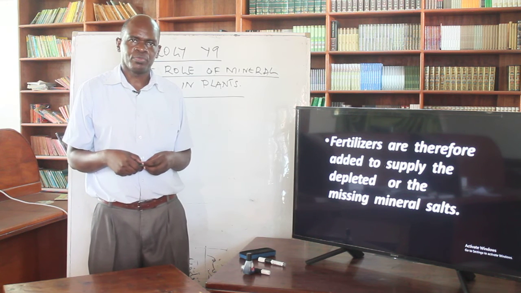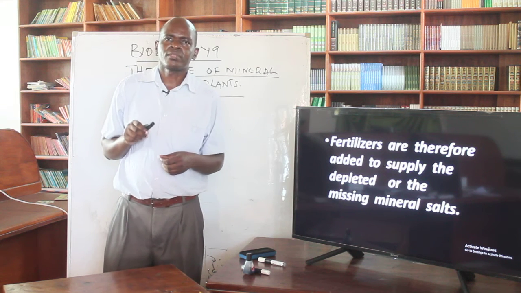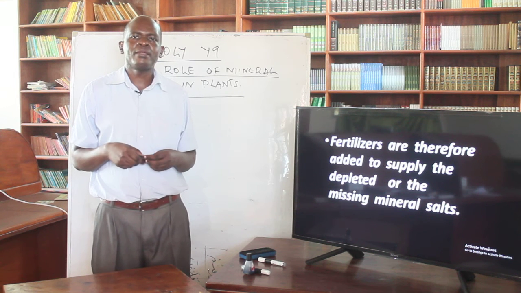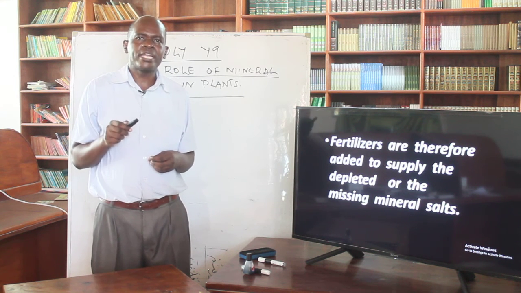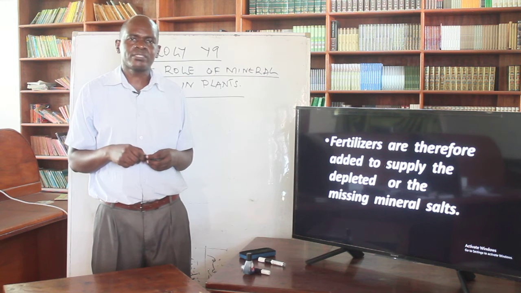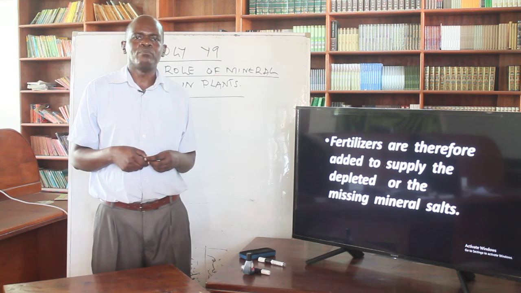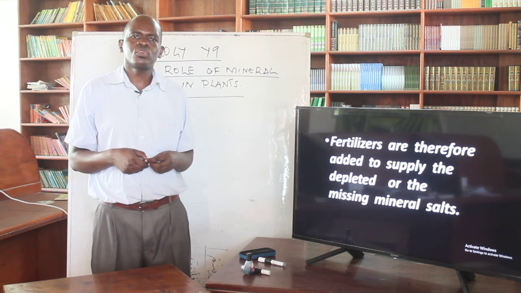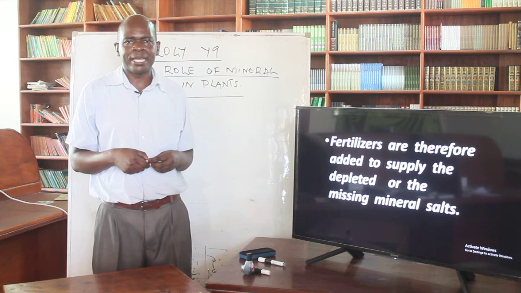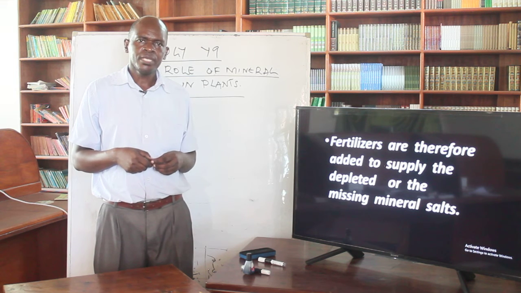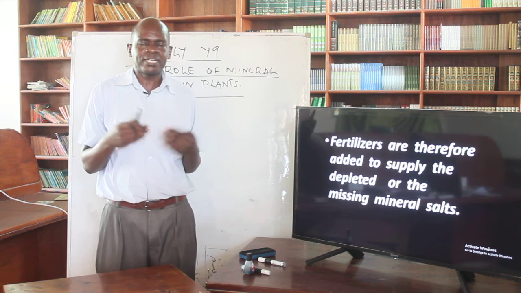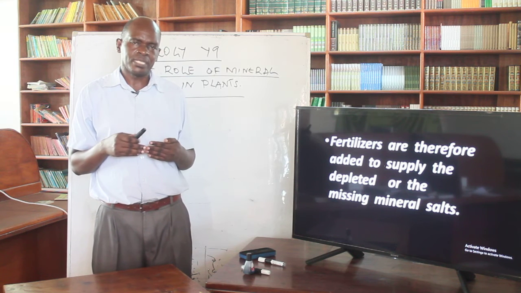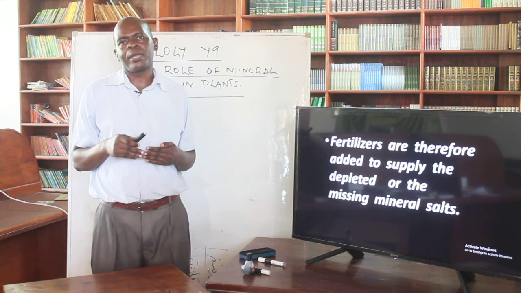We have no option but to increase the mineral component which is missing from the soil, and that is done by adding the required amount of the fertilizers that contain the missing mineral salts, or the mineral salts which could be running short of supply from the soil. Now, what it means here is that the fertilizer will be made in such a way that it has the required mineral components that the plants require.